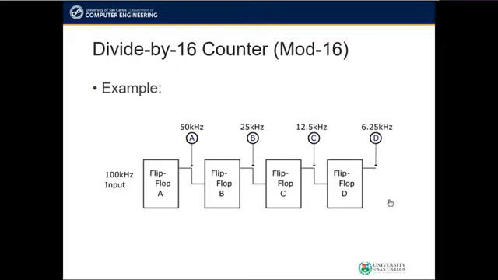The disadvantage of using ripple counters in frequency division is we are limited to dividing by 2 to the n. That means you can only divide by 2, 4, 8, 16, 32, and so on and so forth.